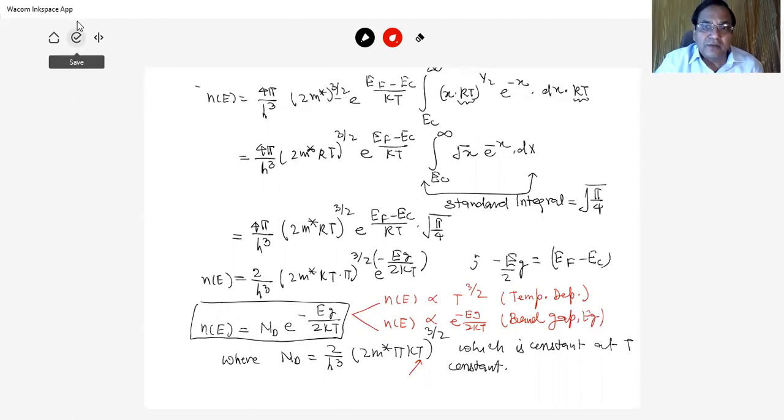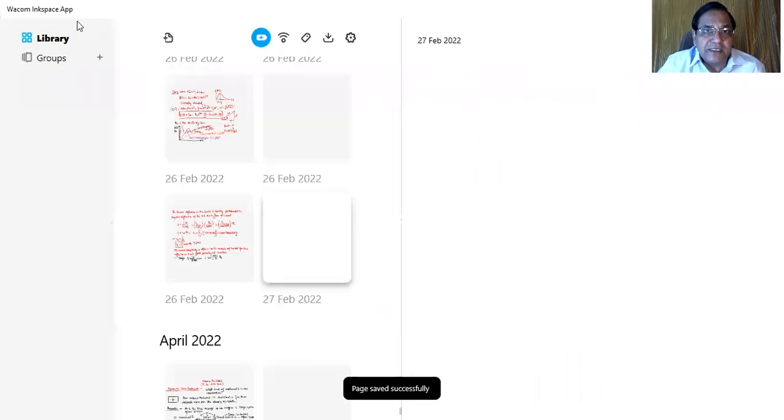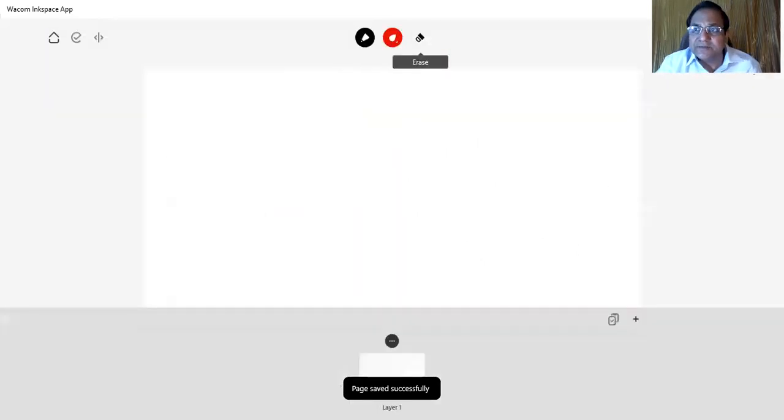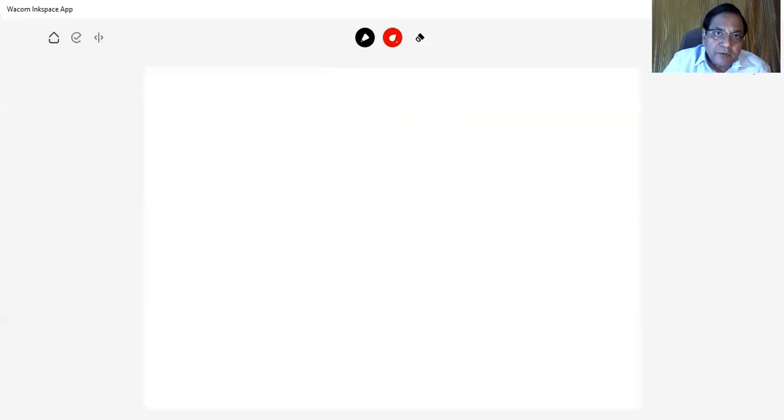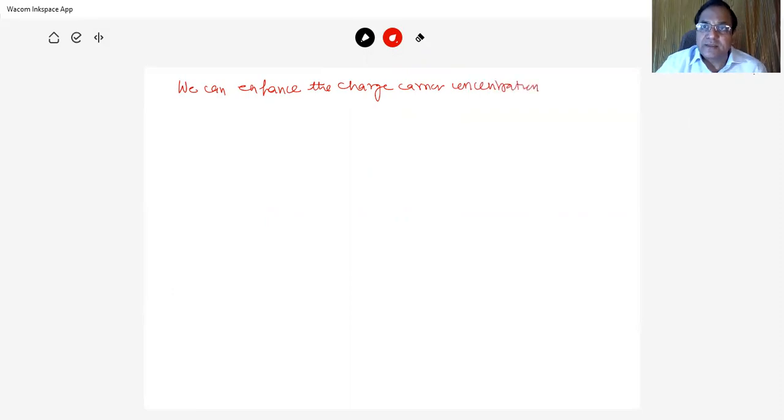So what is the beauty of this equation? The beauty of this equation is we can enhance the charge carrier concentration by two methods.